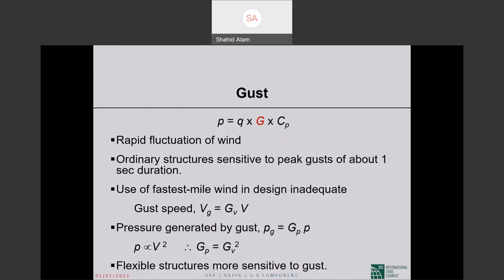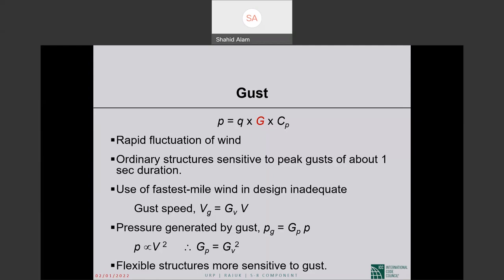Okay, so by now we have taken a look at all the components of the velocity pressure Q. Now we come to the wind pressure P, which is Q times G times C sub P. Okay. Now we will discuss the gust factor G. That factor has to do with rapid fluctuation of wind.